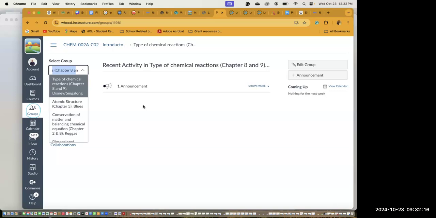Now, I know that you guys are excited about using technology, and I actually encourage students to use AI for this part of the project. Part of it is to try to understand the topic. But if you put in types of chemical reactions, there are going to be tons of things that come out. So the first thing you want to do is narrow it down.